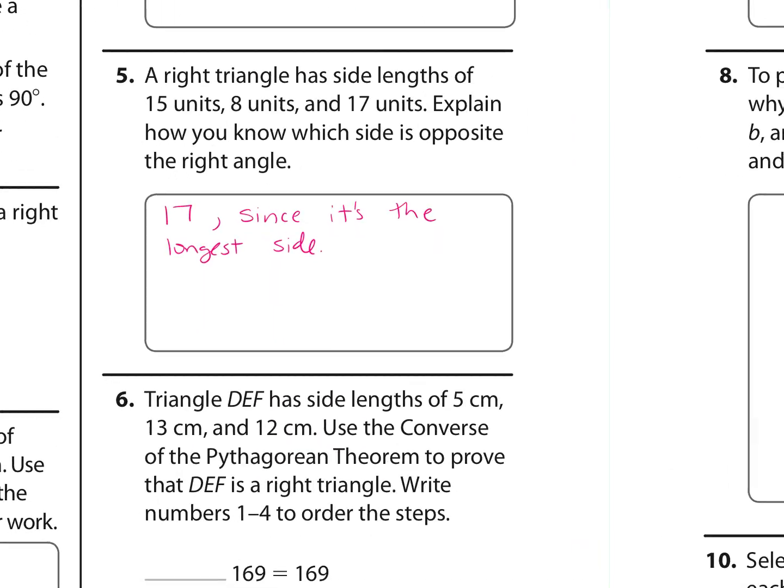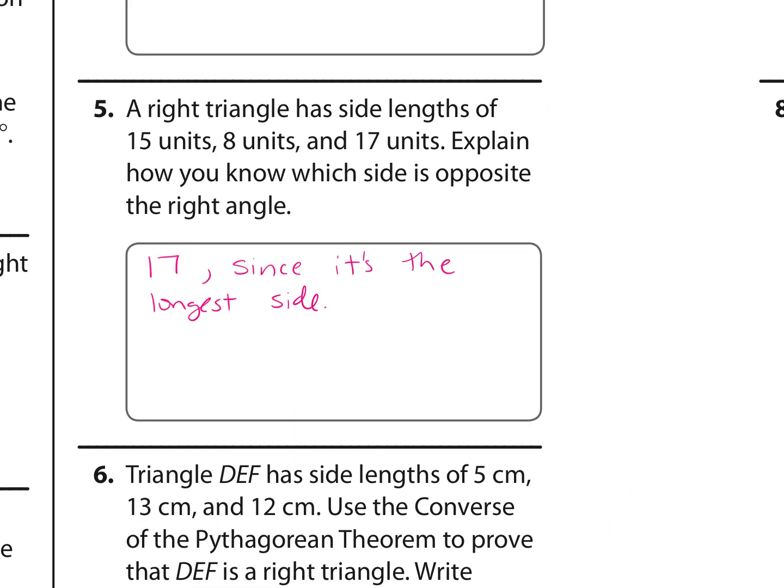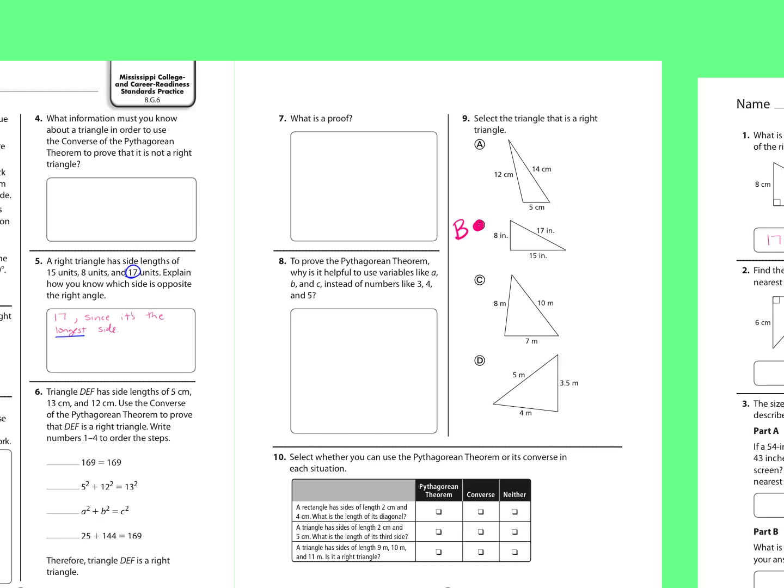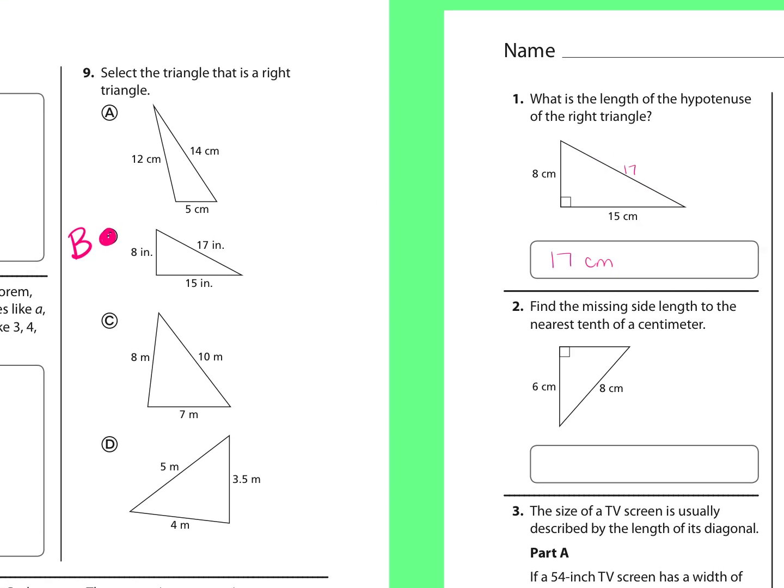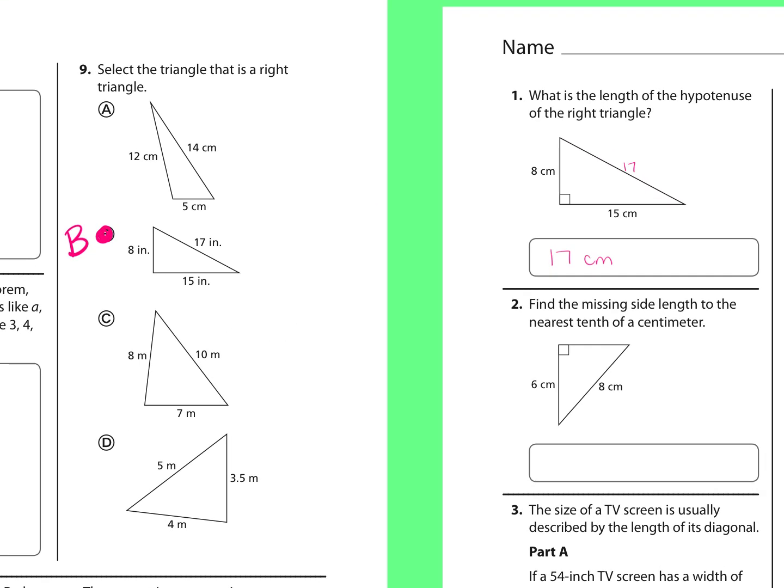Number 5, explain how you know which side is opposite the right angle. Well, it has to be 17 because it's the longest side. It's the largest number. It didn't ask you to work anything out there. Number 9, select a triangle that's a right triangle. Once again, we can use a squared plus b squared equals c squared.